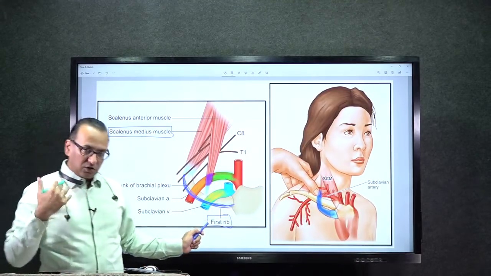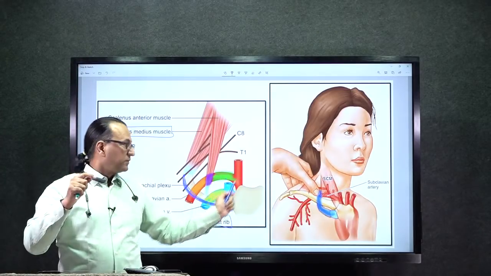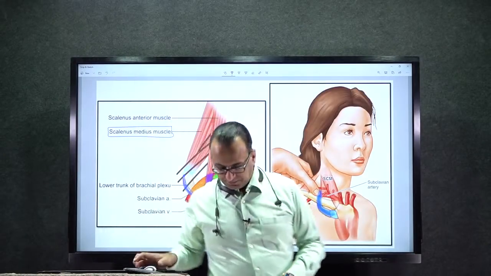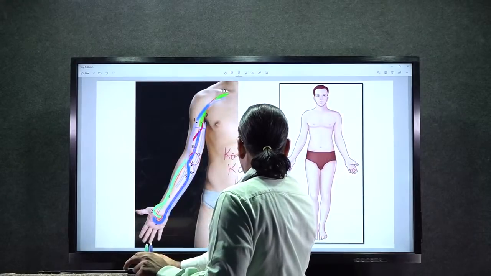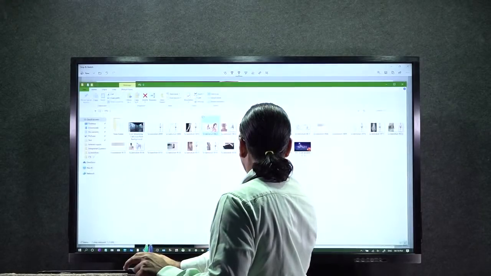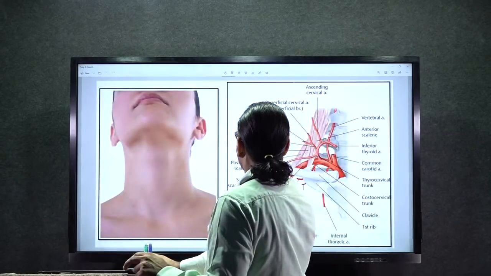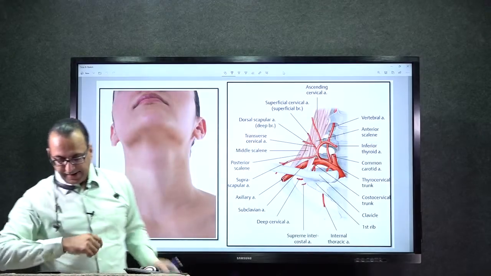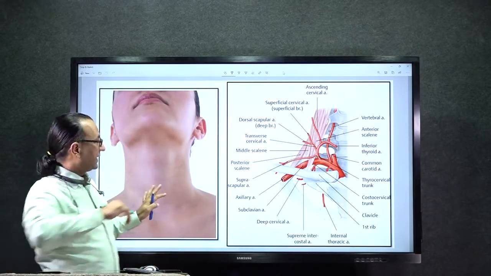Now let us go into details. This subclavian artery, first part, there are some branches which we have to discuss further. Now the diagrams are going to become slightly detailed and maybe complicated, but then we have to take care of some details here.